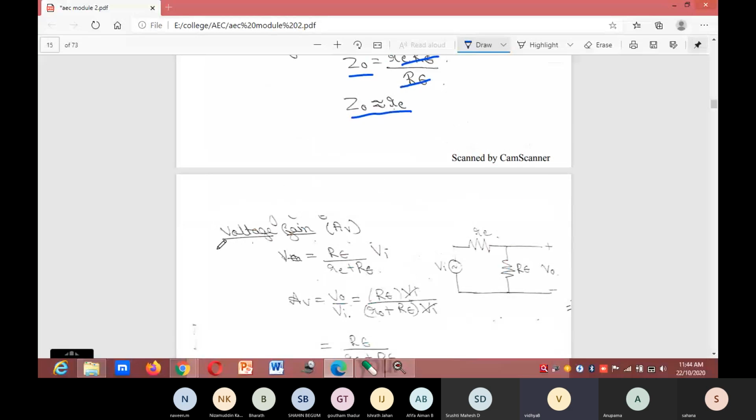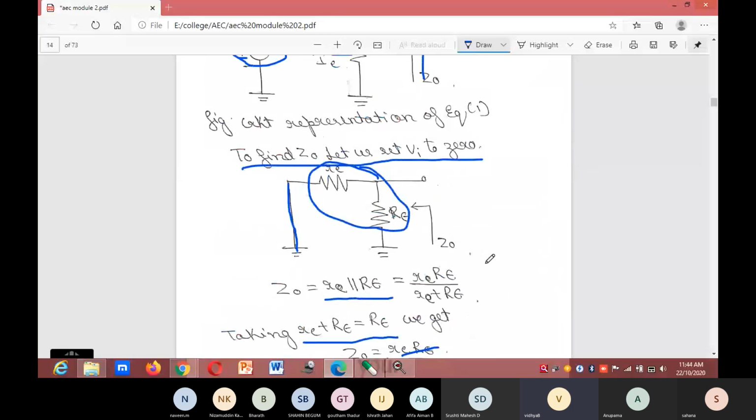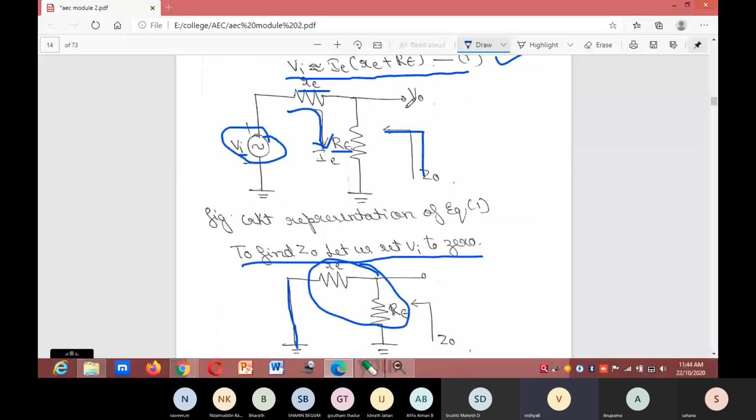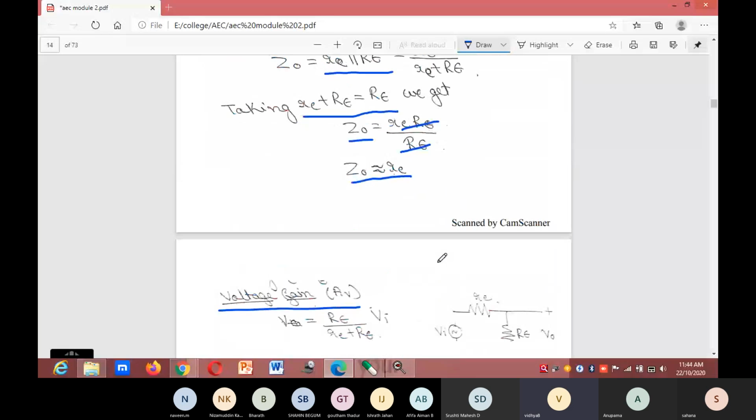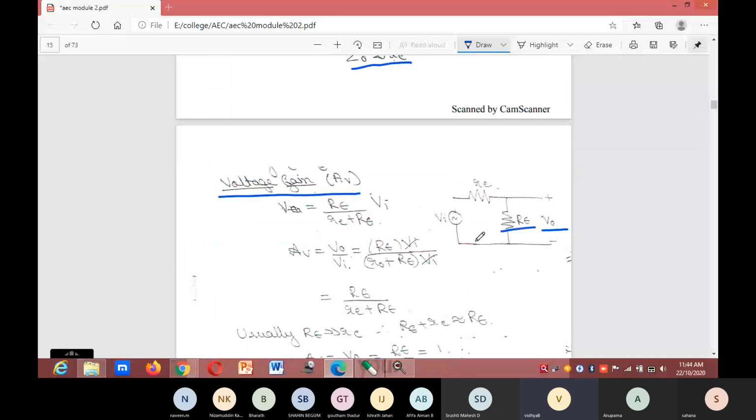Next, voltage gain AV. For AV we need to find the output voltage and the input voltage. From this circuit, output voltage V0 is equal to RE into Vi. Input voltage Vi is re plus capital RE from this circuit.